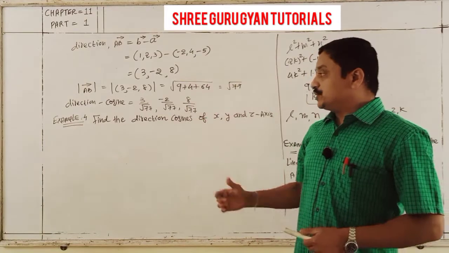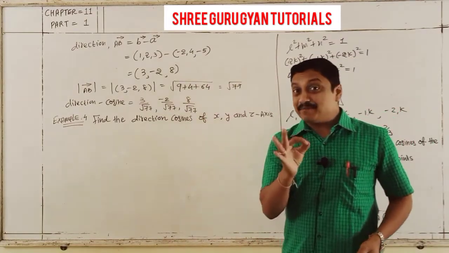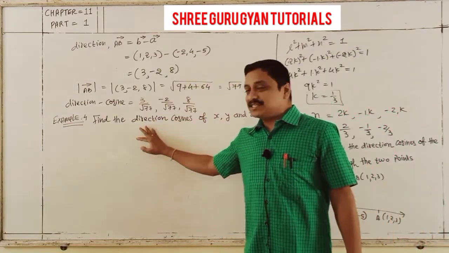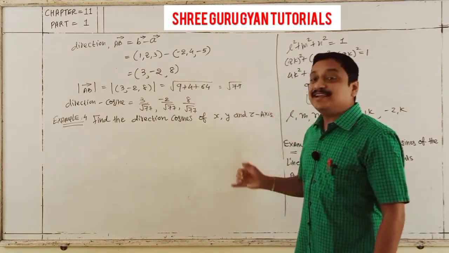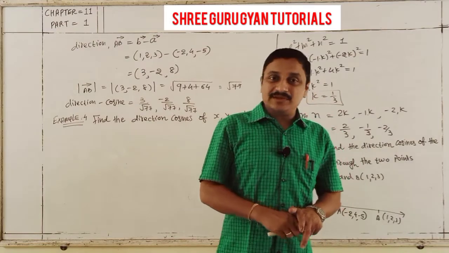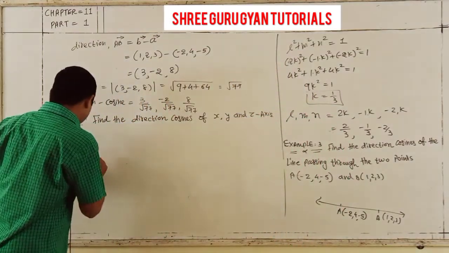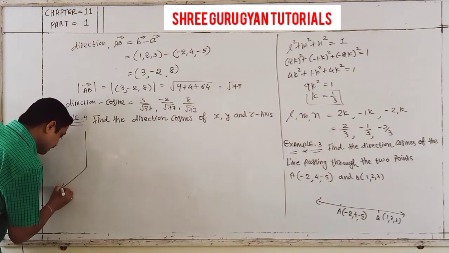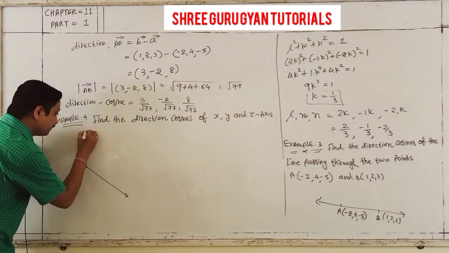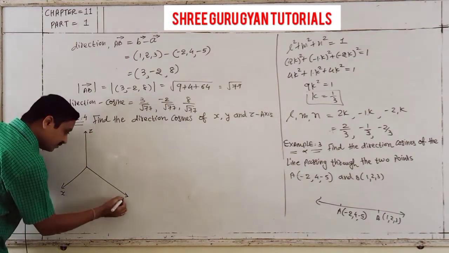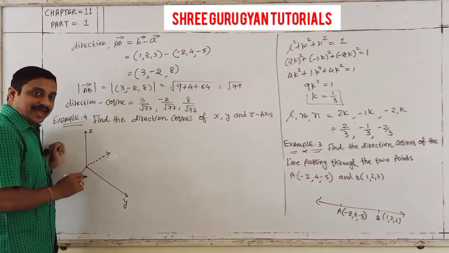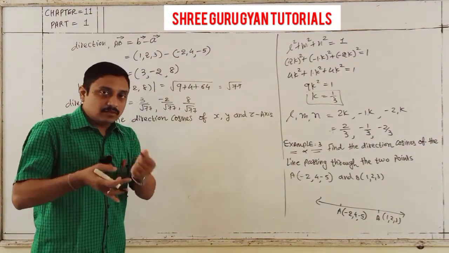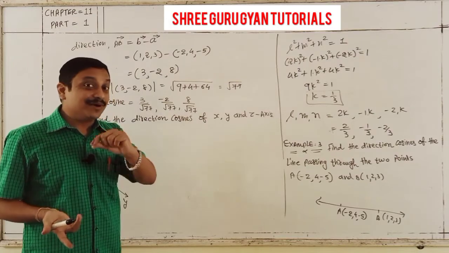Now students, continue in example 4, which is important for exam level. The question is, find the direction cosines of the x, y and z axis. Respectively, students, you know that this is your z axis, here x axis, and that is y. If you want the direction cosines of the x axis, surely the x axis makes an angle 0 degree with x, but 90 degree with y and z.